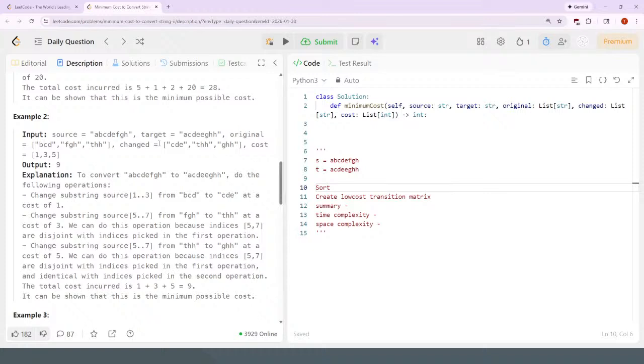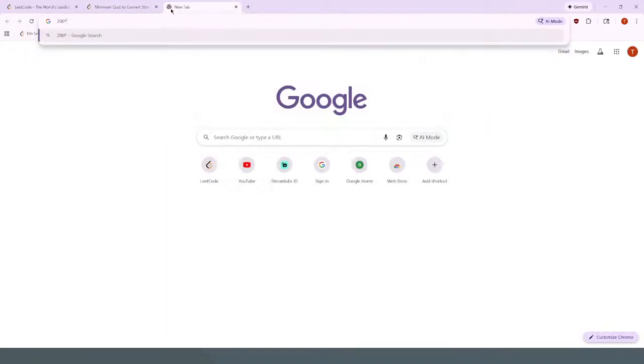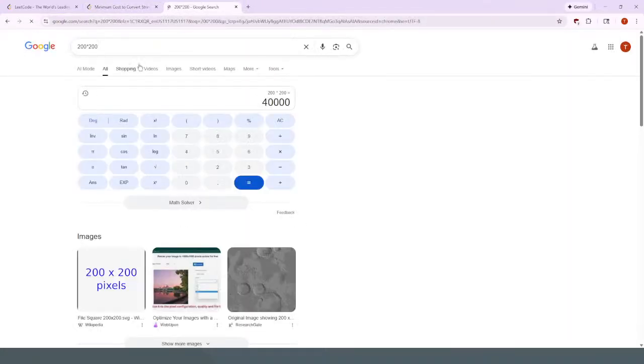Any string within original or changed is a starting value, and anything in original and changed is the ending value. So it's up to 200 by 200, which is fine. 40,000.